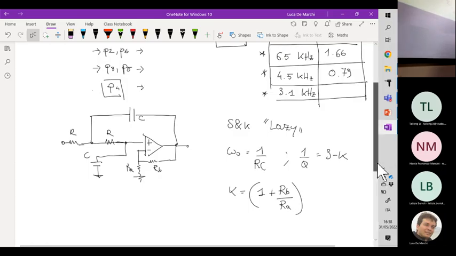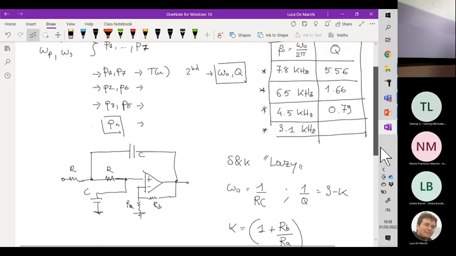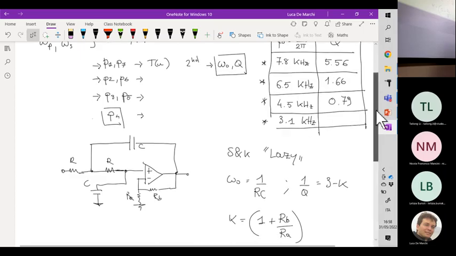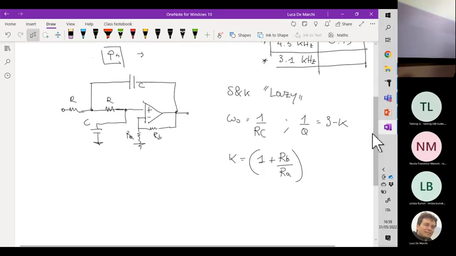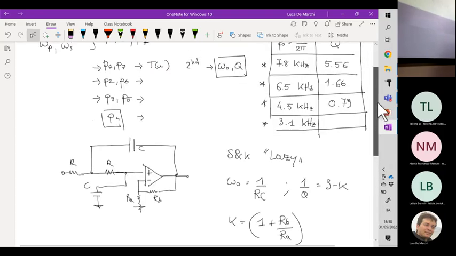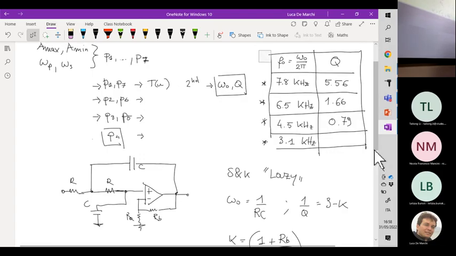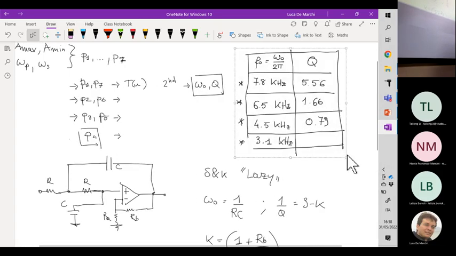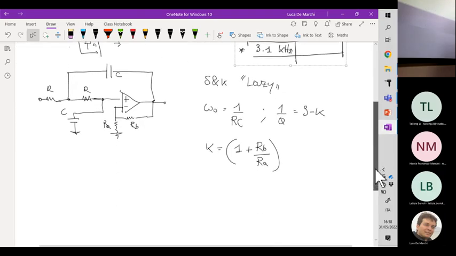So we have to set omega null and 1 over Q according to these values. And therefore, we have to translate these expressions into circuit parameters value. So let's pick up this table and use it for all the computation.